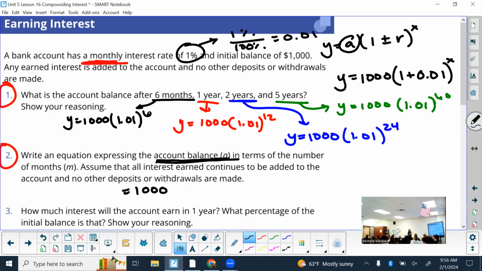So the exponent is changing. Other than the exponent, what would change each time? Is the initial amount changing at all? Is the interest rate changing at all? So it's the amount that is in the balance, literally the account balance, the Y. So for this one, it wants you to use A for that. Weird, I know. But Y represents your account balance. It says, write it using account balance for A.